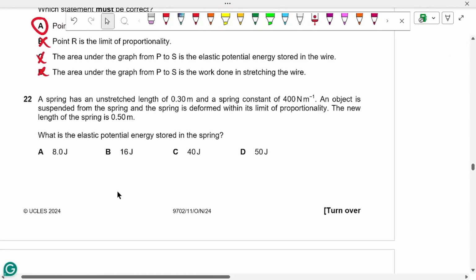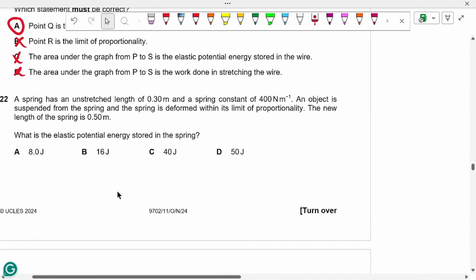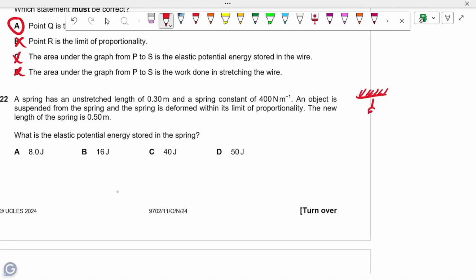Question 22. A spring has an unstretched length of 0.3 meters. So you put your spring like this without being stretched. It is a length of 0.30 meters, and a spring constant K of 400 Newton per meter.